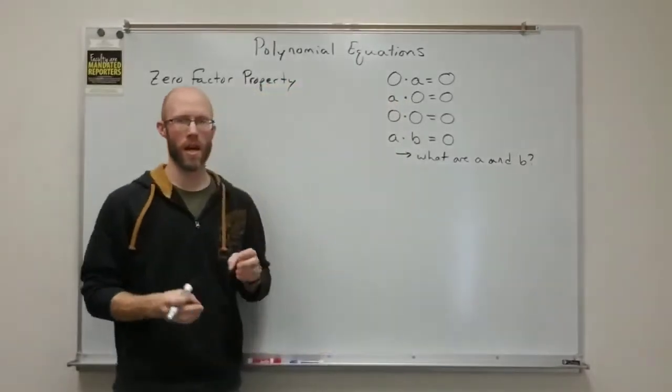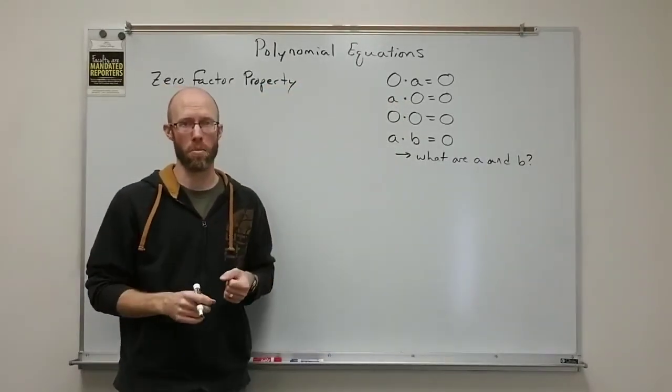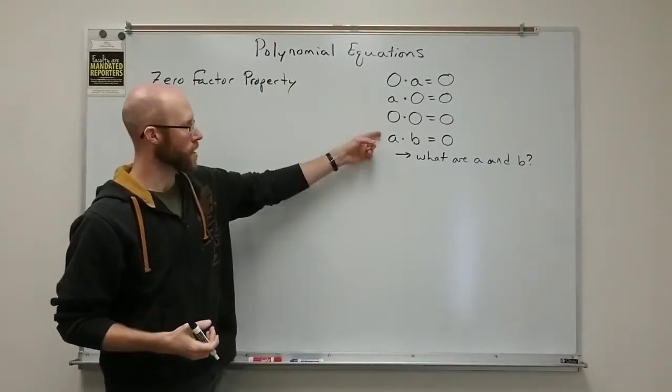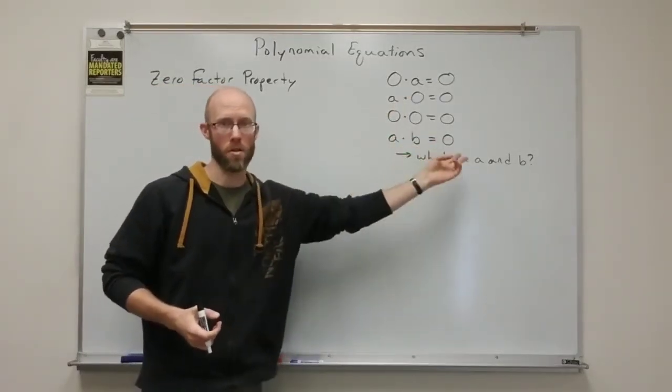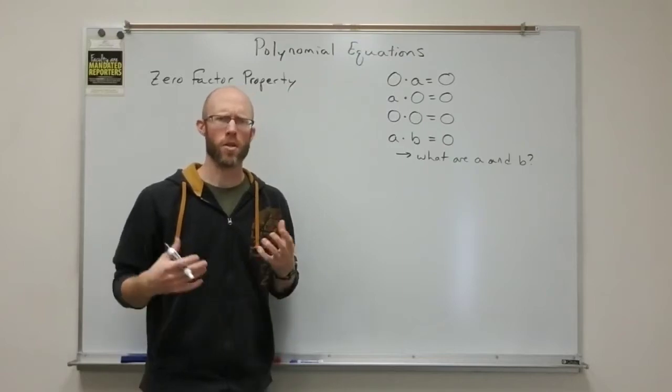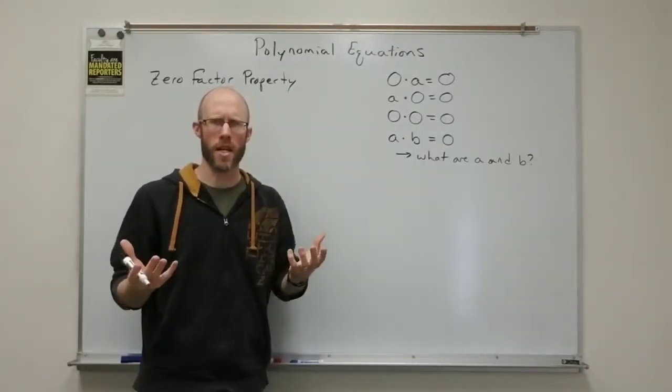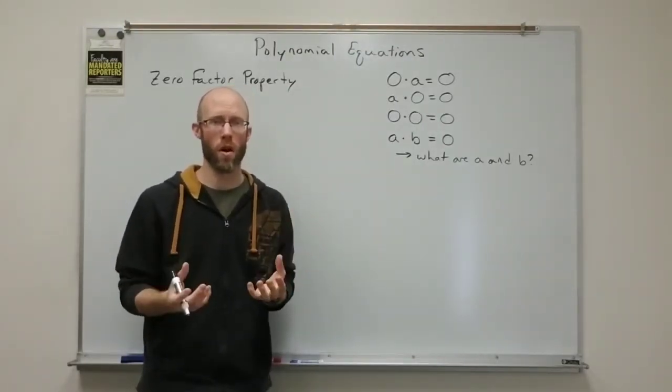That's the question. If A times B is 0, what are A and B? Well, obviously, if one of them is 0, the answer is 0. And if both of them are 0, the answer is 0. The question is, is there anything else? Is there any combination where neither one is 0?